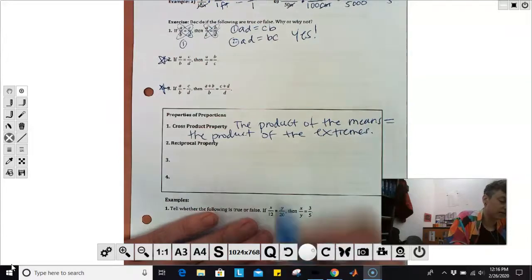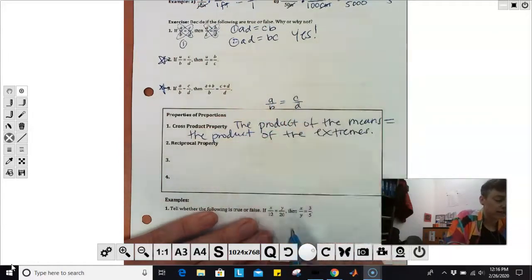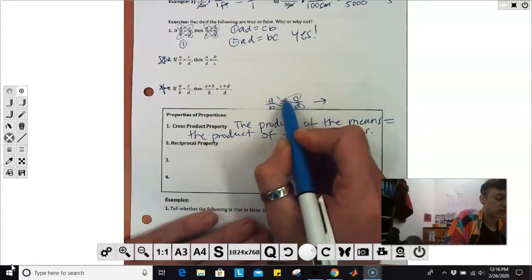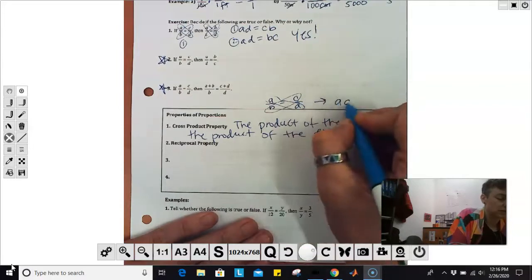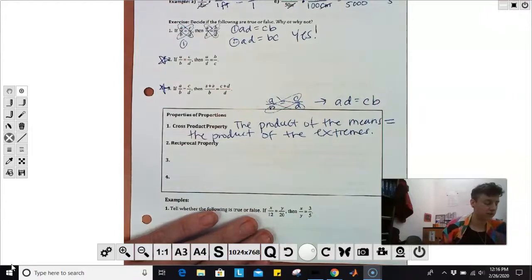That's basically saying if we had A over B equals C over D, then A times D equals C times B. That's what that cross product says.